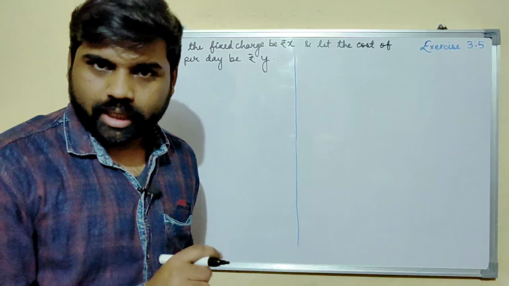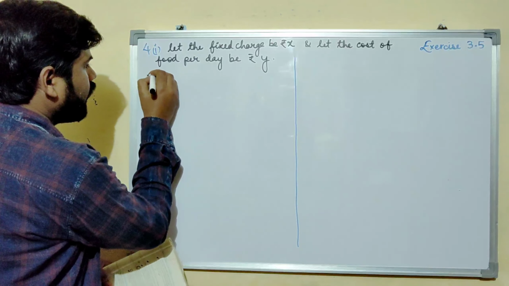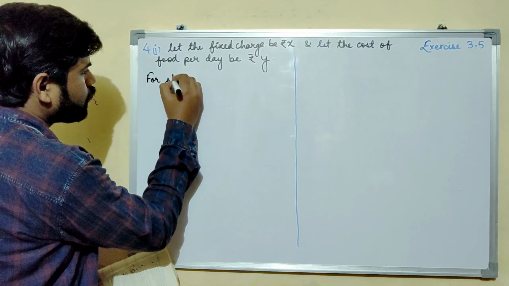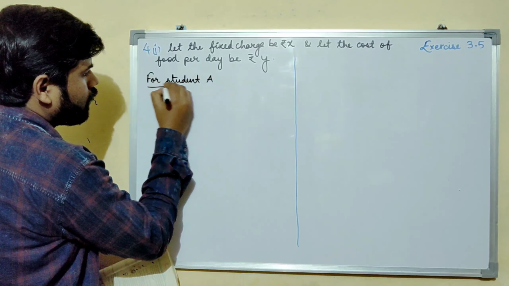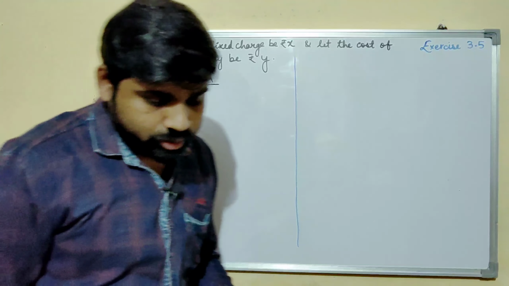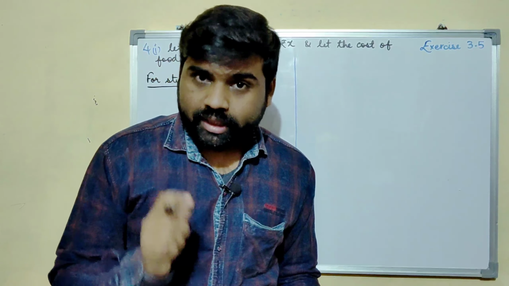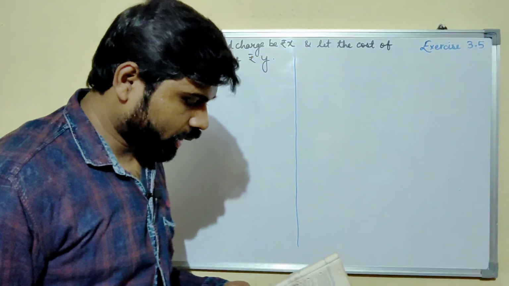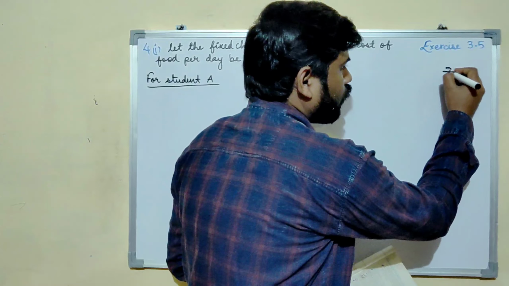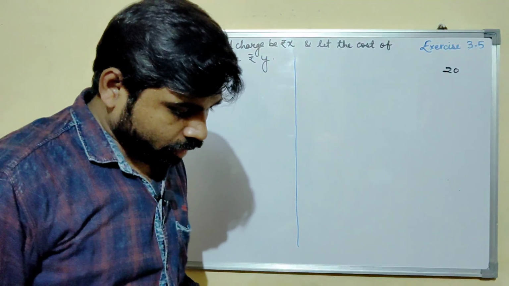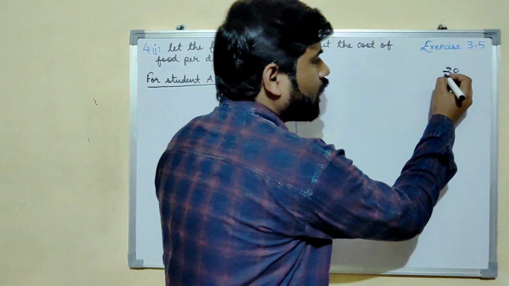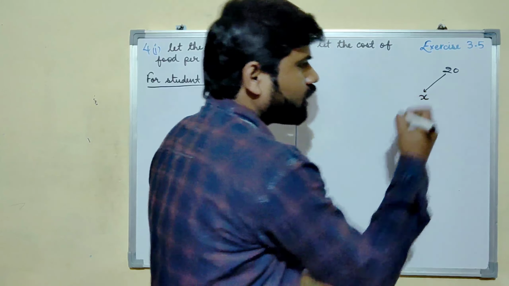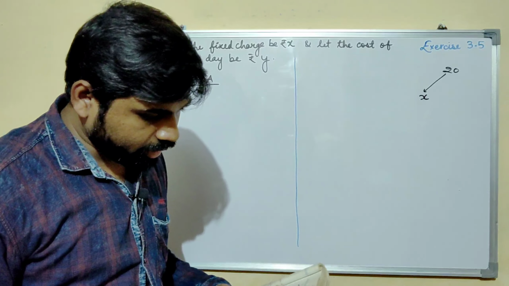Now let us read the question once again, the situations only. For student A, our heading will be for student A. When the student A takes food for 20 days, she will have to pay 1000 rupees as the hostel charges. That means she will have to pay x rupees for how many days?